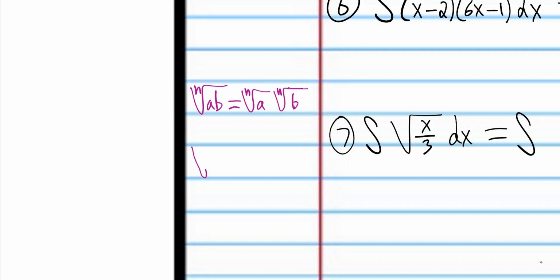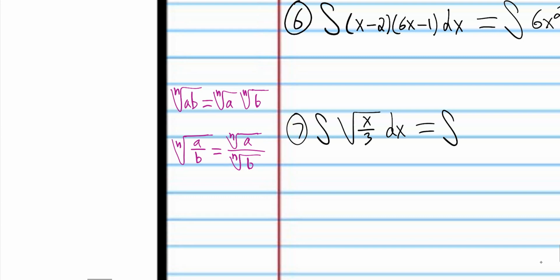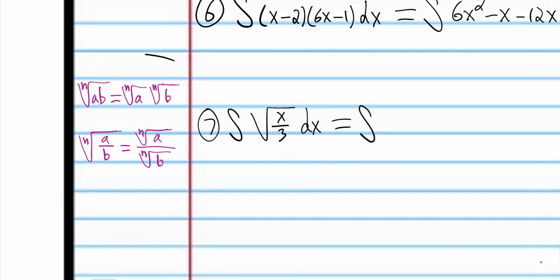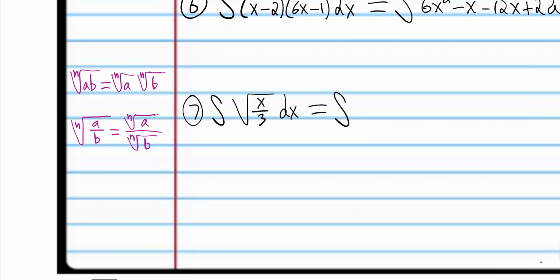The second formula tells us that the nth root of a over b is equal to the nth root of a over the nth root of b. So the bad news is that students don't like roots. They don't like dealing with roots. The good news is there's only two formulas that you have to memorize. So there's really no excuse for you not memorizing these formulas. You should know how to use those, how to work with those.